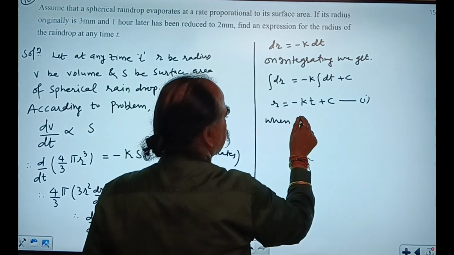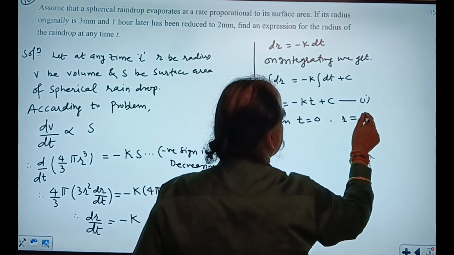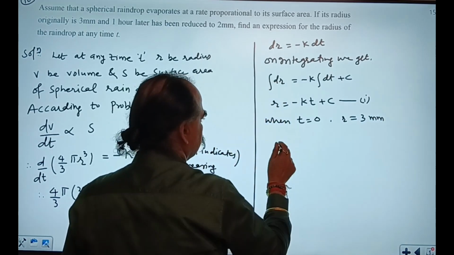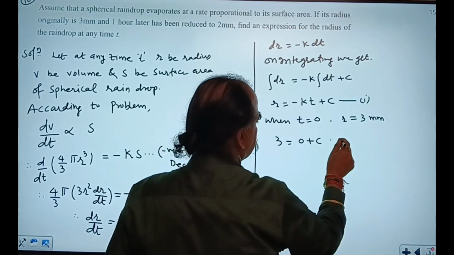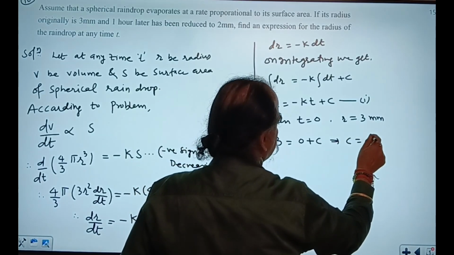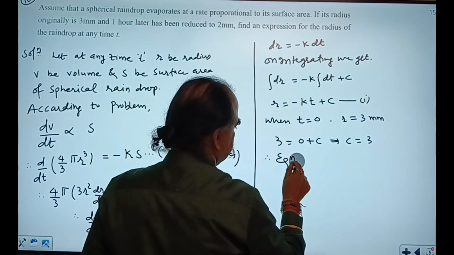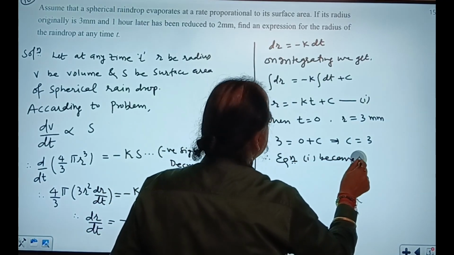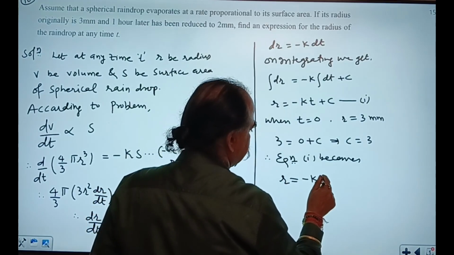When time is 0, r is what? 3 millimeter. So 3 is equal to 0 plus c. Equation 1 becomes r is equal to minus kt plus 3.